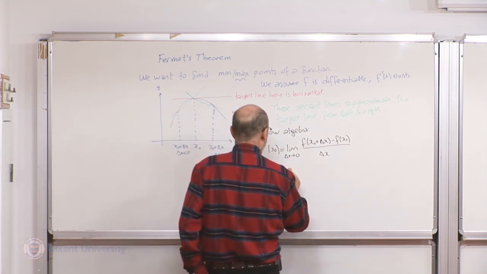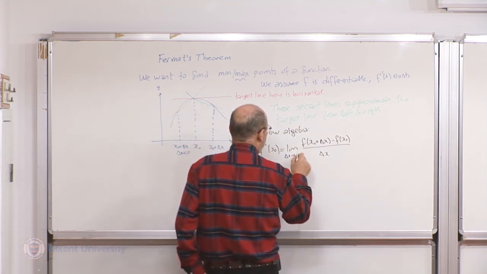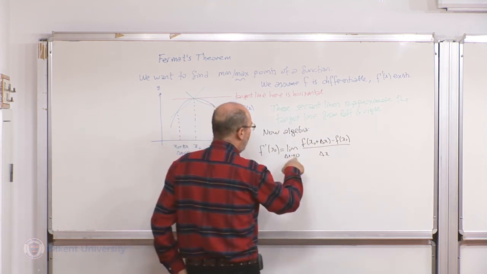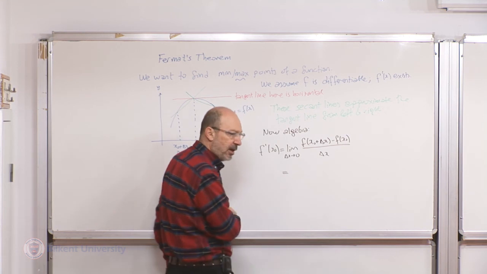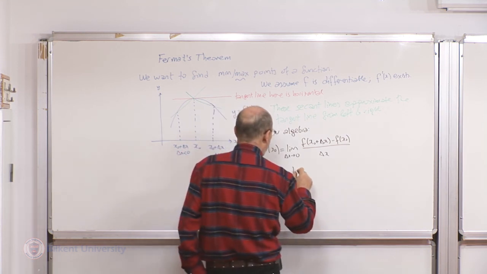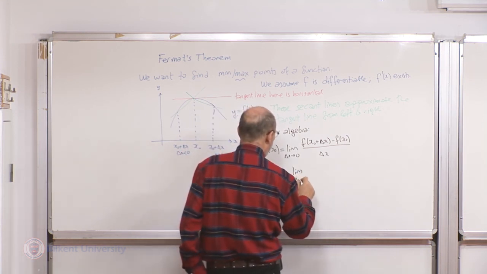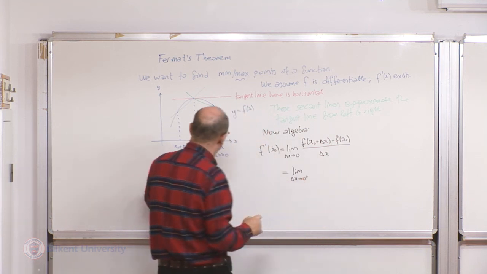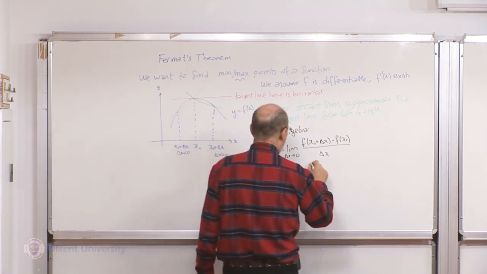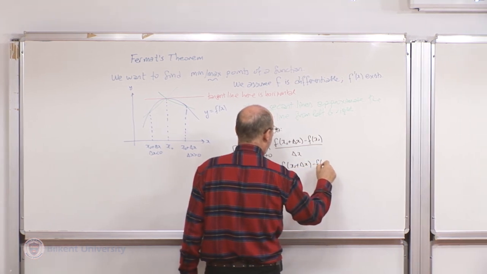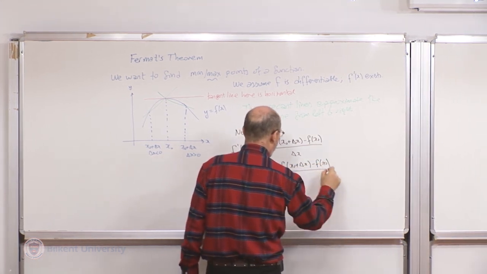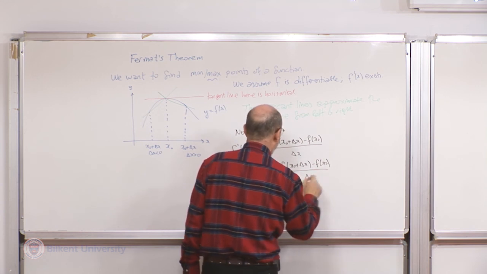Now this one is an unrestricted limit. So we look at the right and left limits. Since the limit exists, right and left limits exist and are the same. So I calculate the limit as delta x goes to 0 from the right of f of x sub 0 plus delta x minus f of x sub 0 divided by delta x.